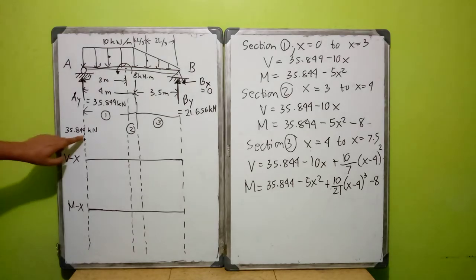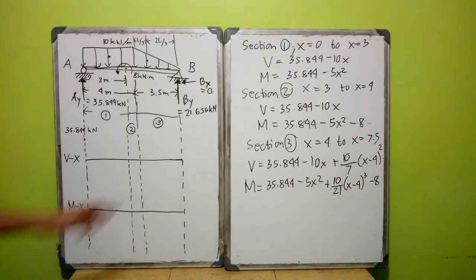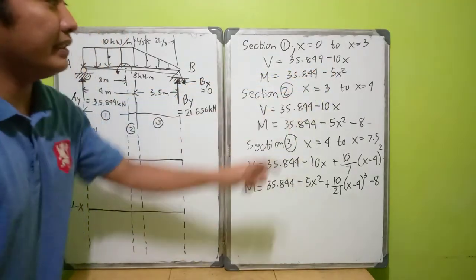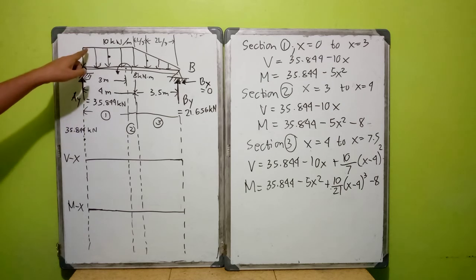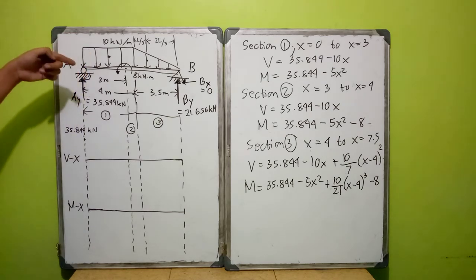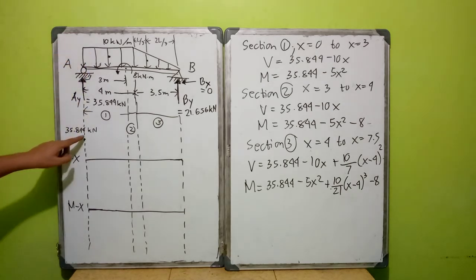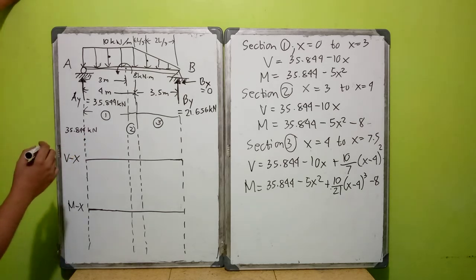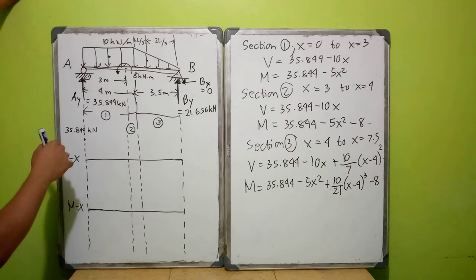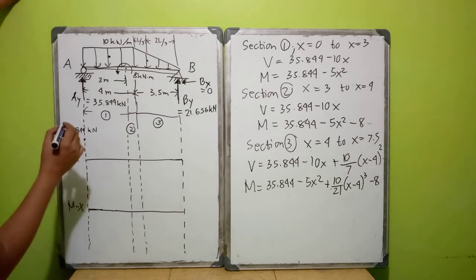And then it will change. Since this is negative 10x, a distributed load, its behavior in the shear diagram will be slant, like this.